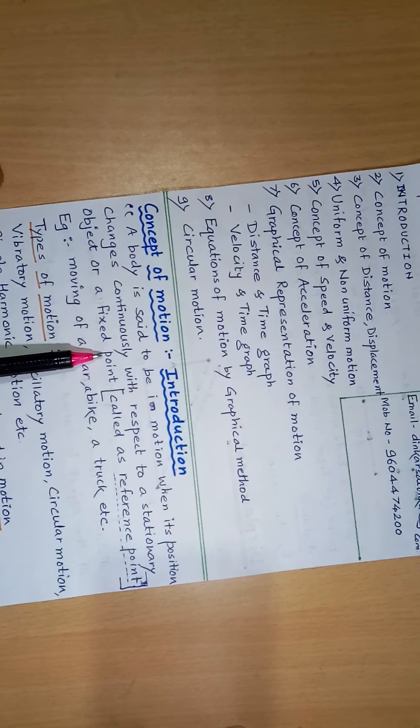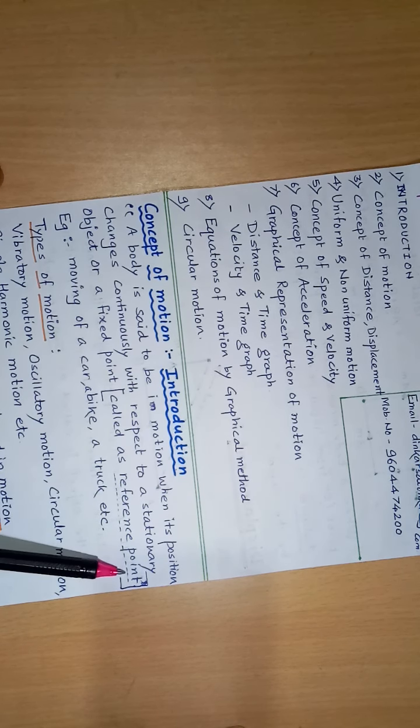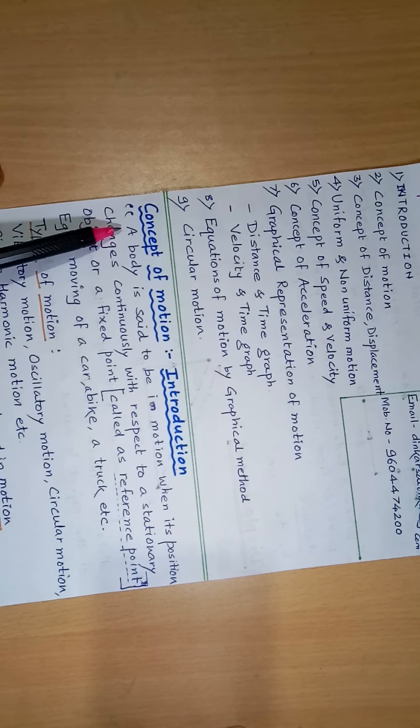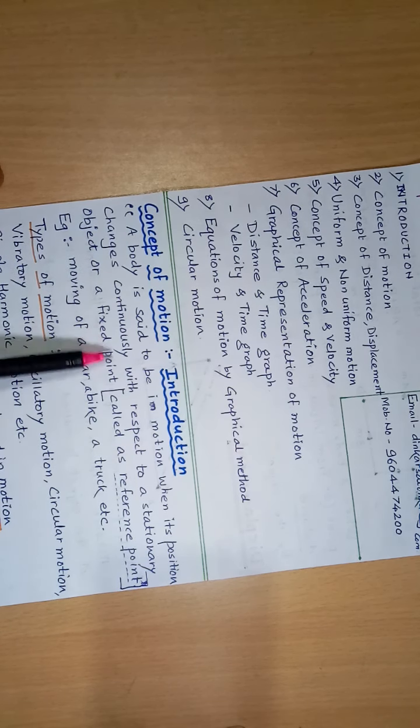This fixed point is also considered the reference point. So the exact definition of motion is the change in position of the object, and this change in position is continuous, changing with respect to time.